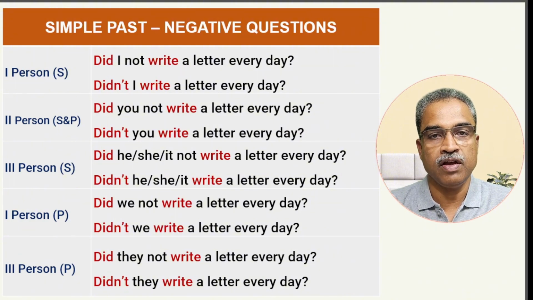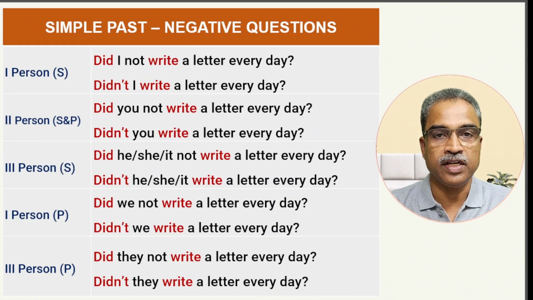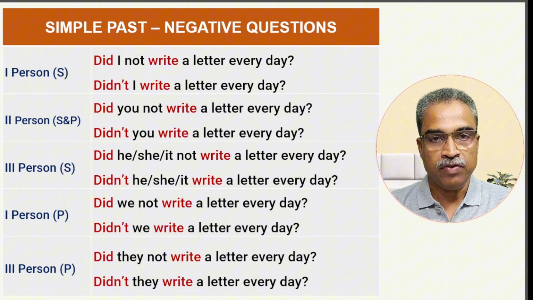Let's begin with our first subject, that is I, first person singular. If you have learned the simple present tense, the same pattern is applied everywhere. If you remember, it was I write, and the negative form was I do not write.